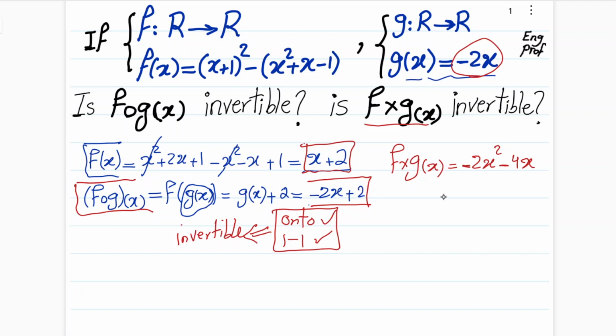One easy way to see this is to factor out the negative 2 and write it, for example, this way, just for illustration: negative 2 times x plus 1 squared. If you try this, it will give you negative 2x squared and then negative 4x, but then it will give you negative 2, which you have to compensate by adding plus 2. Why did I write it this way? Because it helps visualize it better.